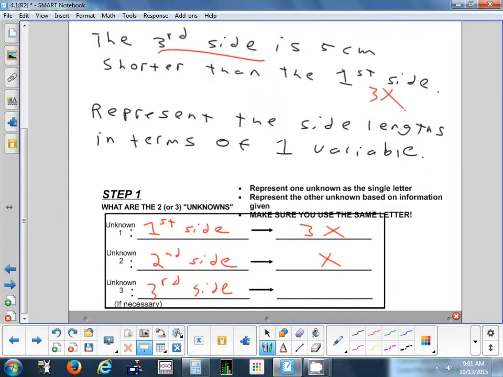All I really need to focus on here is 5 shorter than 3x. Or another way to say that would be 5 less than 3x. That's the third side. Anybody think they could tell me what the third side would be?